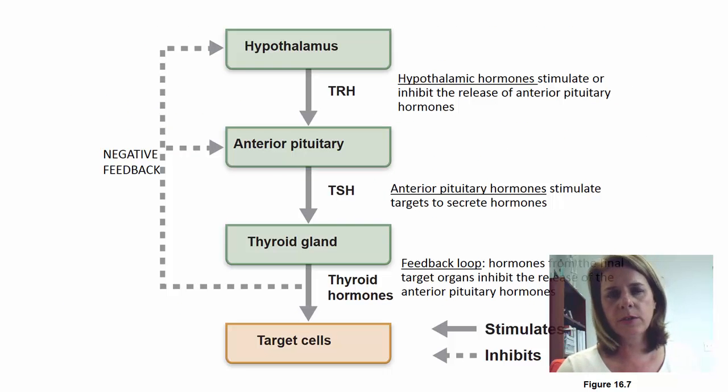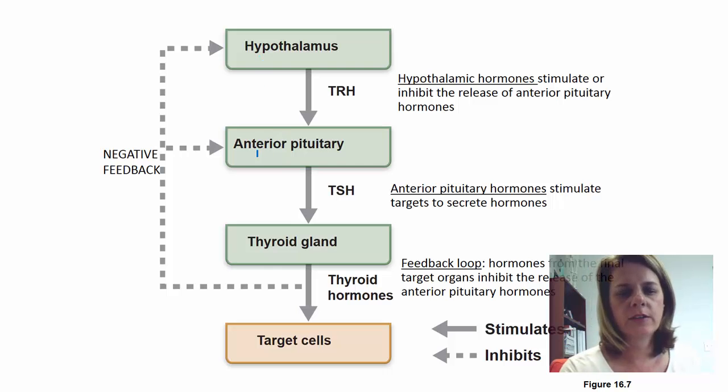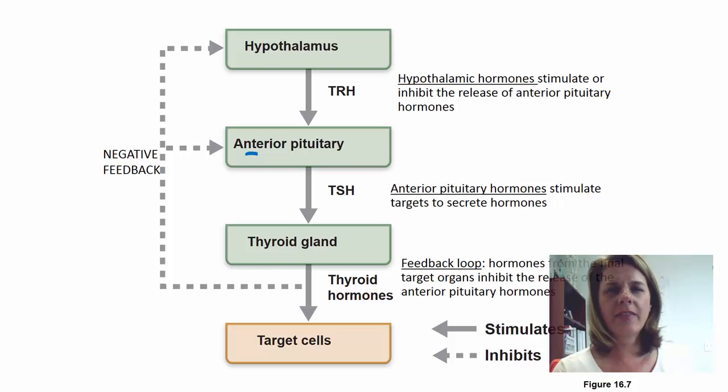So I've shown you this picture before, so I'm revisiting that to make sure you understand this whole mechanism. It's a big feedback loop. Remember, you have your hypothalamus and your anterior pituitary, and we're going to add the thyroid as part of this cascade.